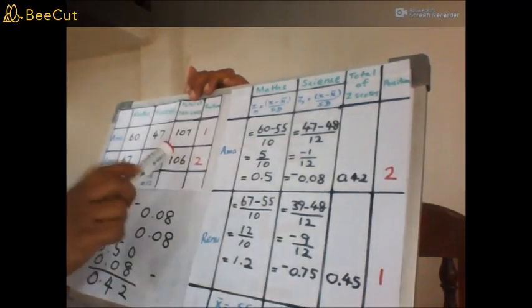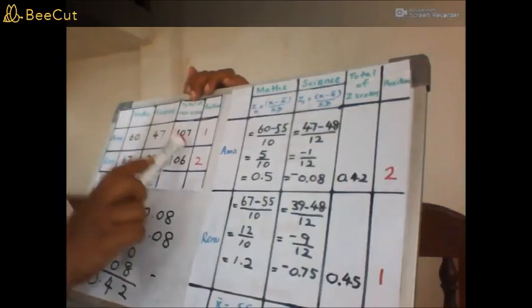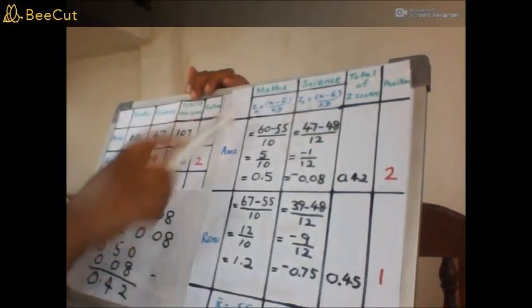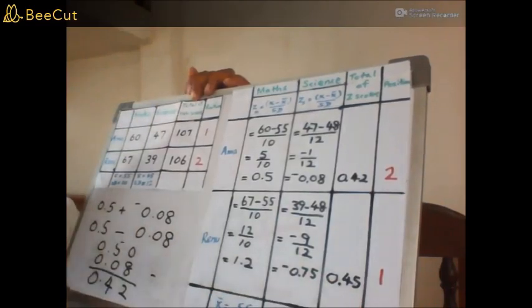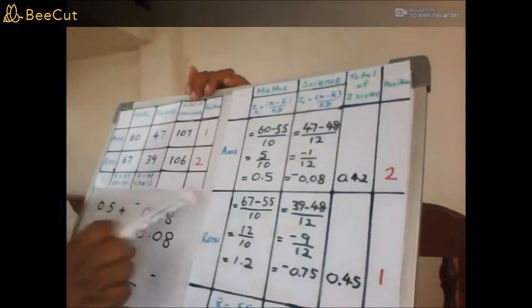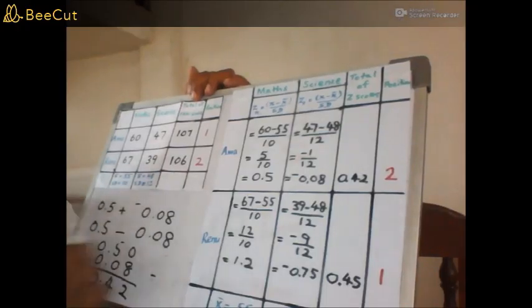Now, according to the raw values, Amma got the first place. But according to the Z scores, the standard scores, Renu got the first place. Right? So what's the correct one? The most correct one, if you rank according to their performance within the group, is this one.